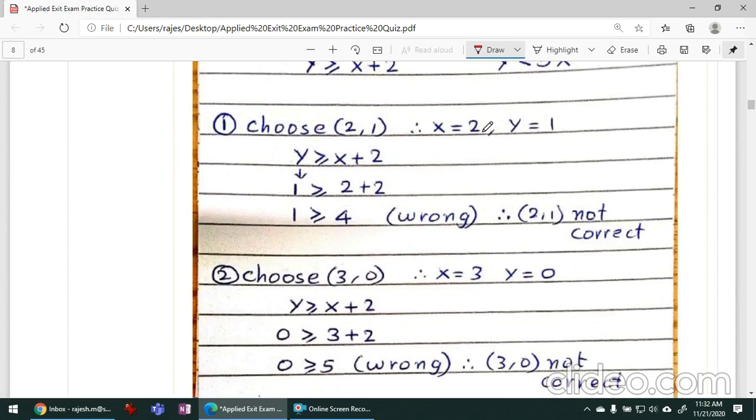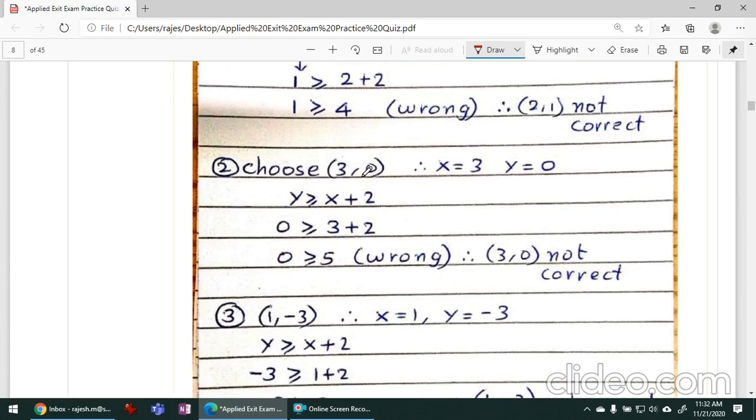That means x equal to 2 and y equal to 1. This is x, then y. This is the first inequality. So I change y as 1. See, look here, y is 1 and x is 2. So 1 more than or equal to 2 plus 2. 2 plus 2 means 4. 1 more than or equal to 4. So this is not correct.